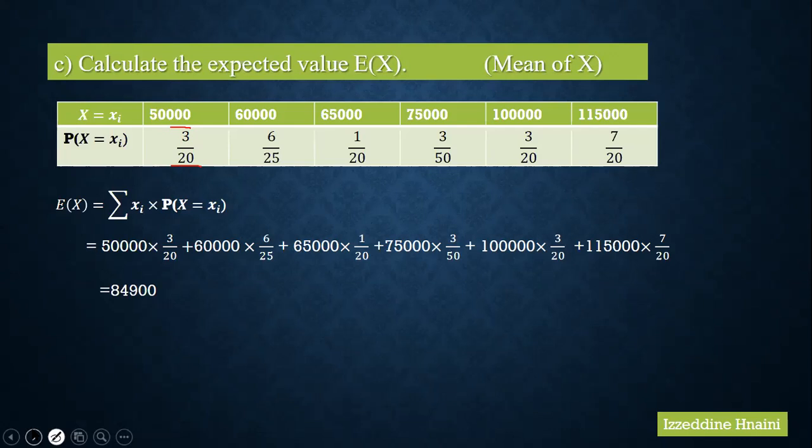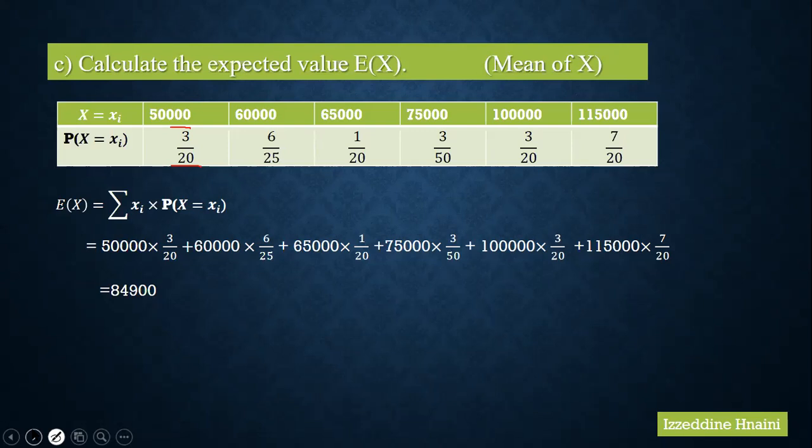Maybe this member pays 115,000, maybe 50,000, but the expected value is 84,900, or the mean, or the average money paid by a member in this club is 84,900.